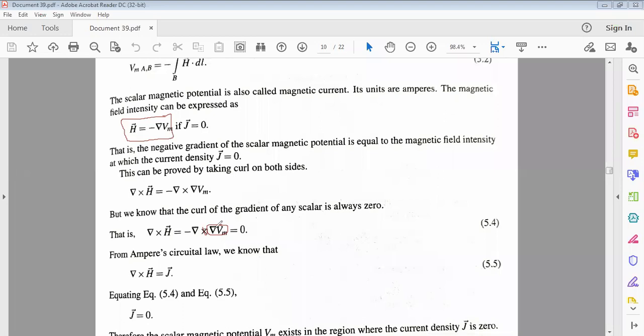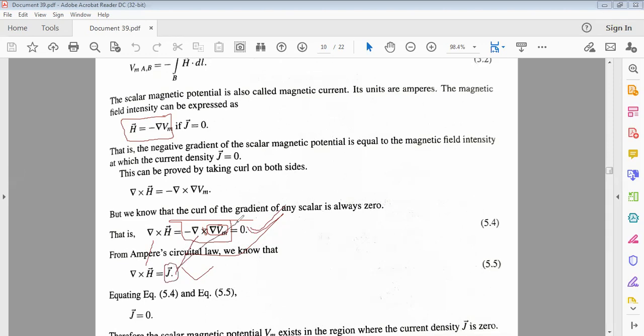According to Ampere's circuital law, del cross H equal to J, right? That is the actual statement. When we compare these two expressions 5.4 and 5.5, minus del cross del Vm equal to J, but del cross del Vm equal to 0, right? So from this, the LHS terms are equal, that's why the RHS terms are also equal.